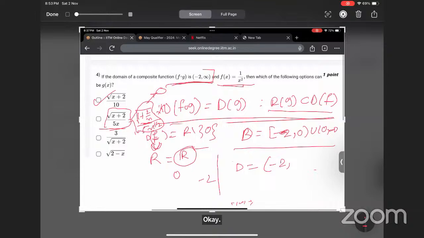You have to tell me about that shape. Okay, so for option 3, now our function is this. What is the domain here?